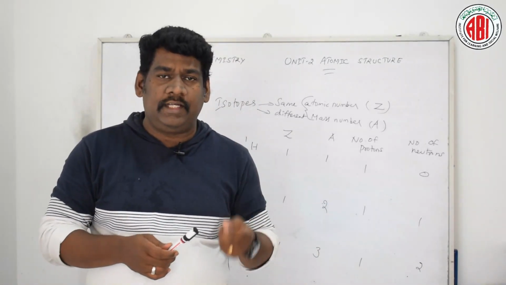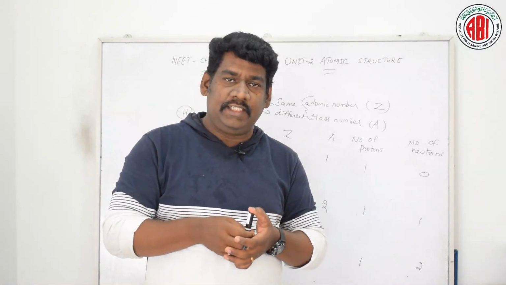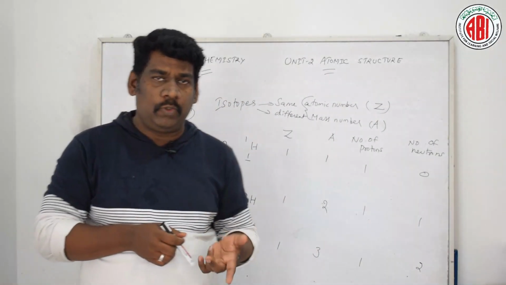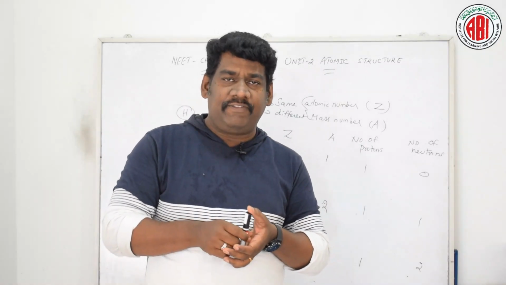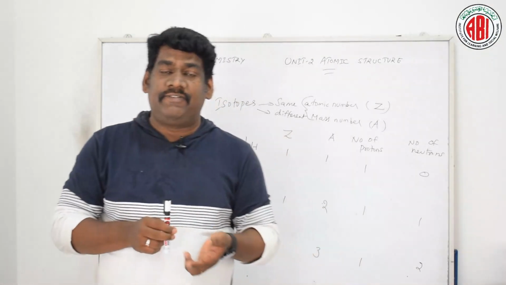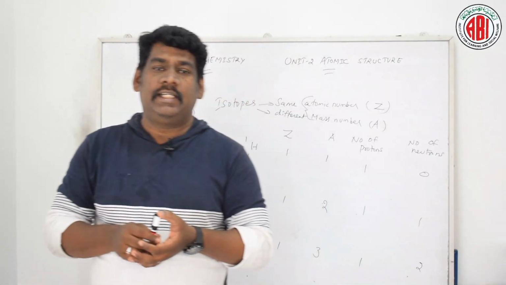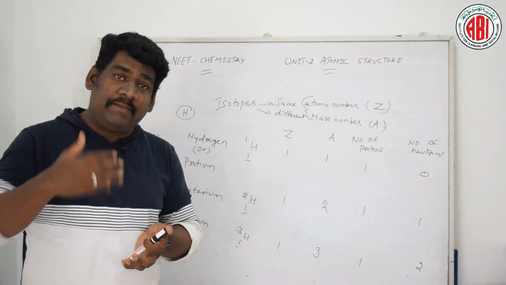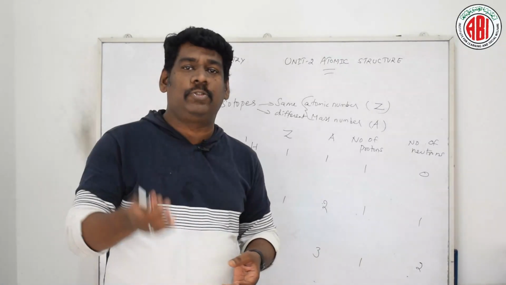Carbon 612, carbon 613, carbon 614, and oxygen 816, 817 and 818. Nitrogen has two isotopes, nitrogen 714 and nitrogen 715. Sulfur has four different forms of isotopes: sulfur 1632, 1633, 34 and 36. Similarly uranium as well.